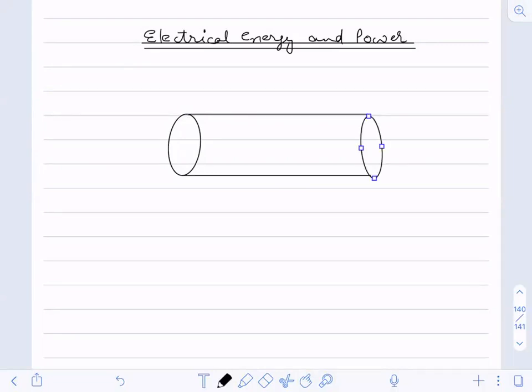Suppose this is A, this is B, and the current I flows in this direction. If current I is flowing in this direction, then definitely I can say which of the potentials, of point A and point B, will be higher and which one will be smaller.